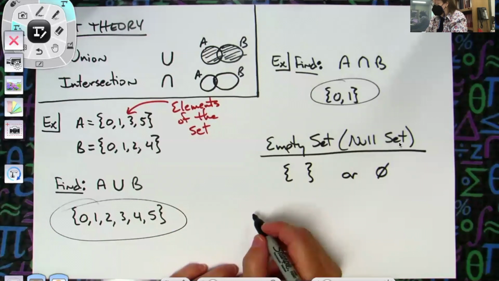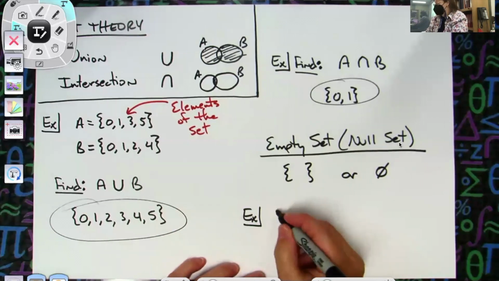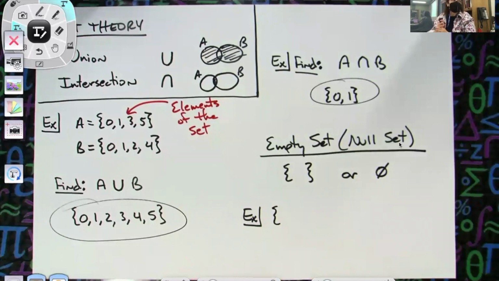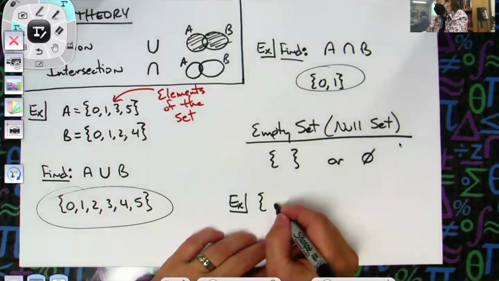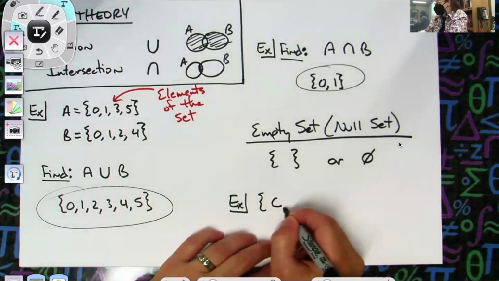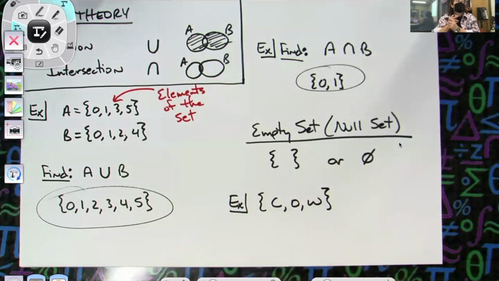Okay, now let's do an example. Let's do something with letters here, just so you can see something different and everything's not just numbers. Let's put C-O-W. Even though it spells a word, they're just random letters.